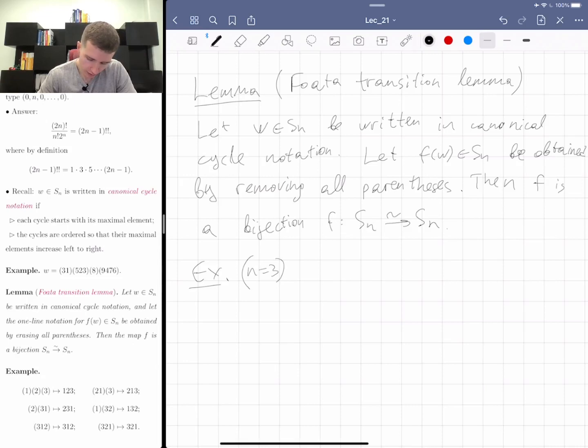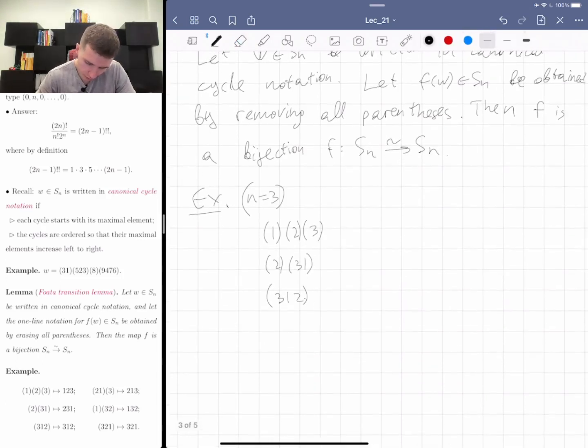So I already gave you a list of permutations and their cycle notations. So here are all possible canonical forms of cycle notation, canonical cycle notations of all permutations in S_n.